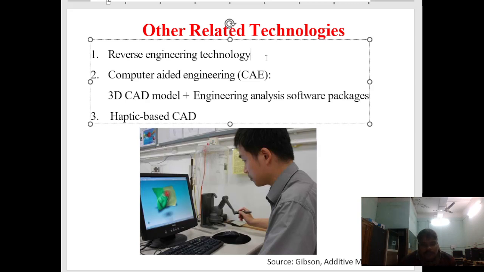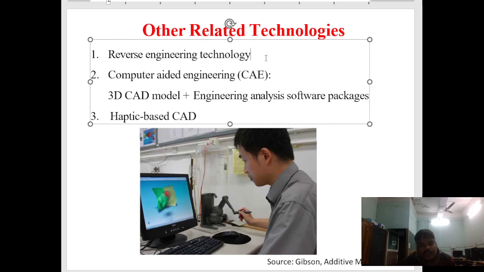From the tank, you have to study all the things, why, how it is running, what are the concepts, what are the mechanisms of the machine, so all the things you have to learn by seeing the product. So from the product, you have to come to the initial stage, how it can be manufactured. So this is the reverse engineering technology.